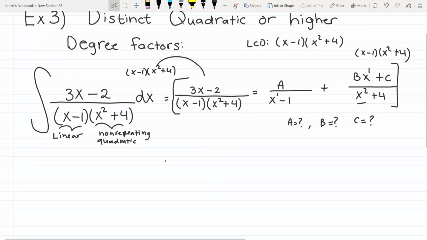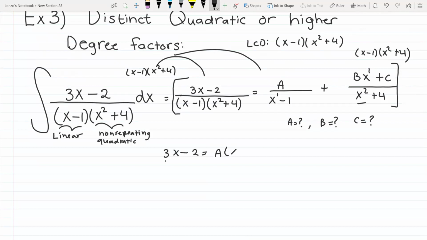When you multiply here, the bottom cancels, so you're just left with 3x minus 2. Over here, the x minus 1 cancels, so you're just left with A times (x squared plus 4), plus, over here, what do you see that cancels? The x squared plus 4 cancels, so you're just left with (x minus 1) times (Bx plus C).